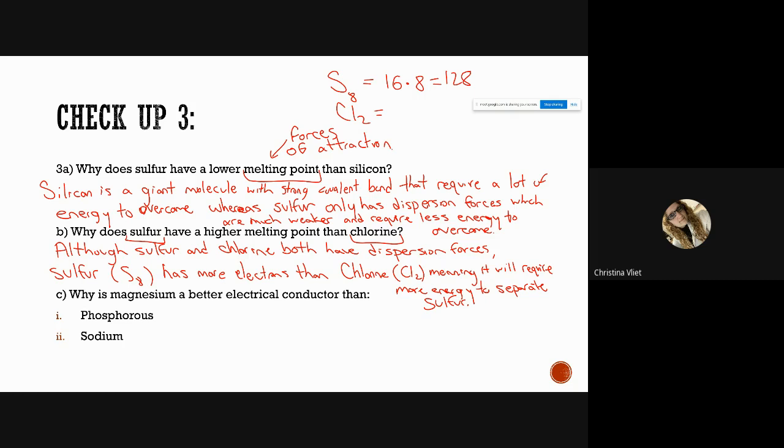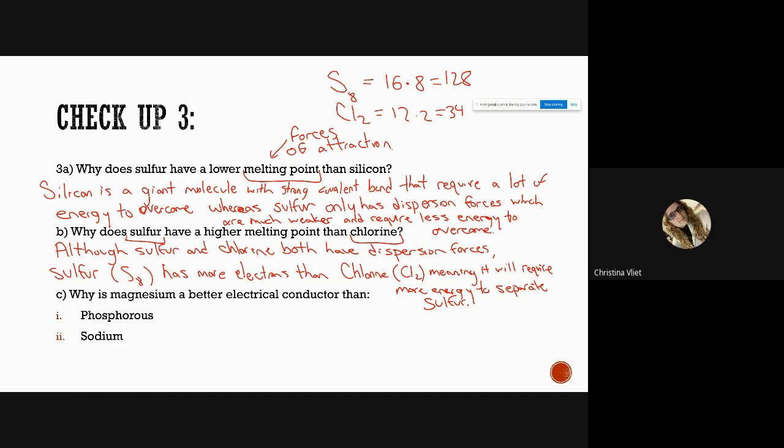And then chlorine. How many electrons does chlorine have? 17, and then times how much? 2, so 17 times 2 is? 34. Okay, so sulfur has more electrons than chlorine. You agree? The only way we know this is because we know that sulfur is S8 and chlorine is Cl2. Otherwise, you wouldn't know that. So you have to know the standard state that you're comparing, elements in their standard state to each other, not the single atoms on the periodic table. So be careful with that.